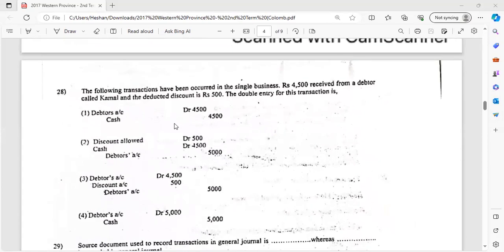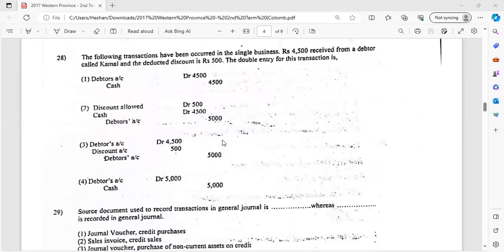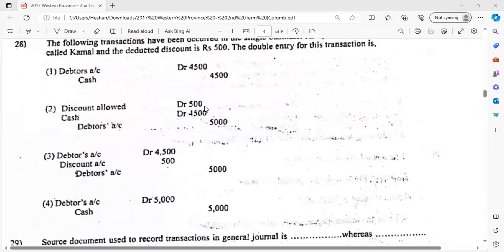The following transaction has occurred in a single business. Rupees 4,500 received from a debtor called Kamal and the deducted discount is 500. The double entry for this transaction is in here. You need to have a clear idea.